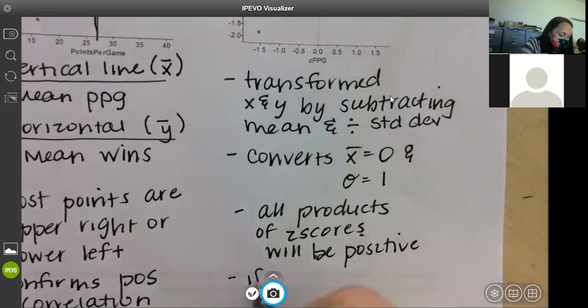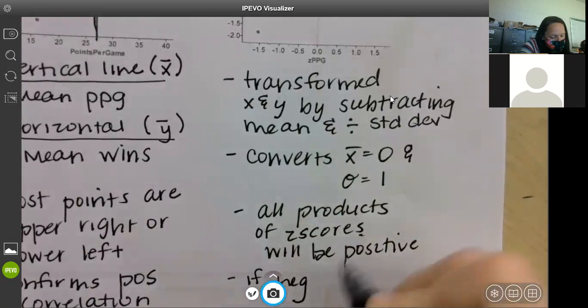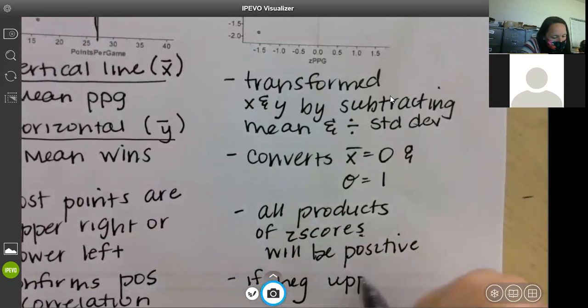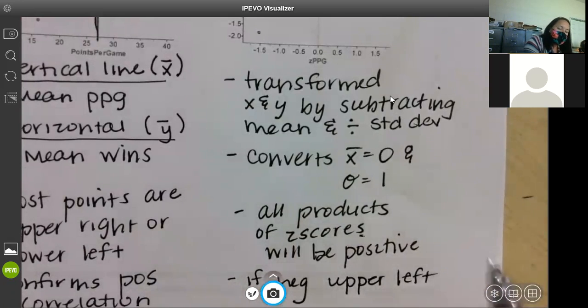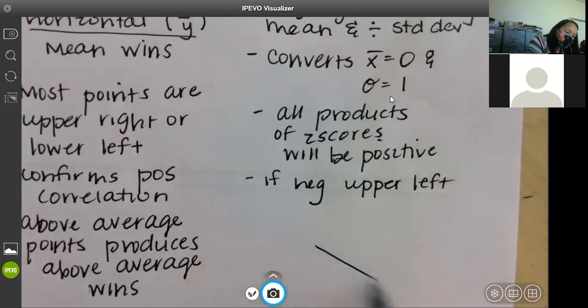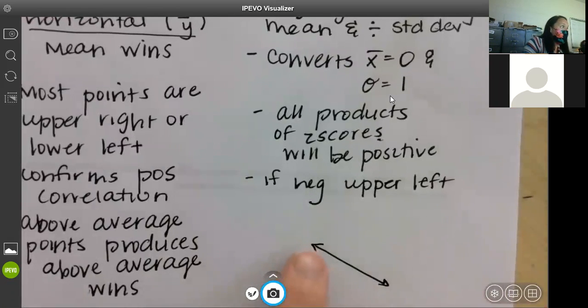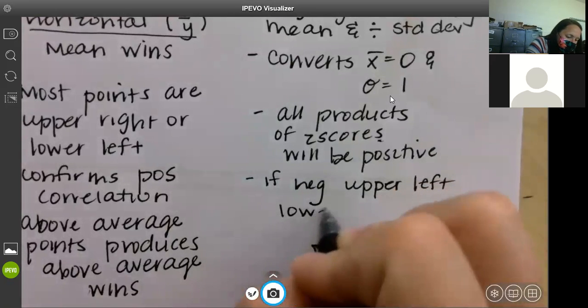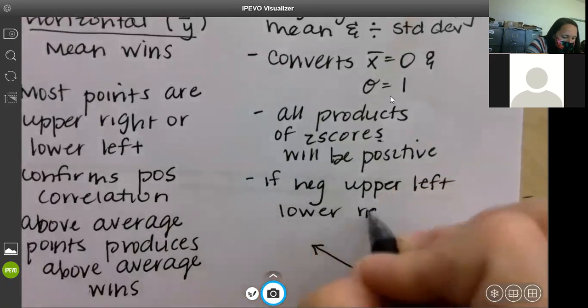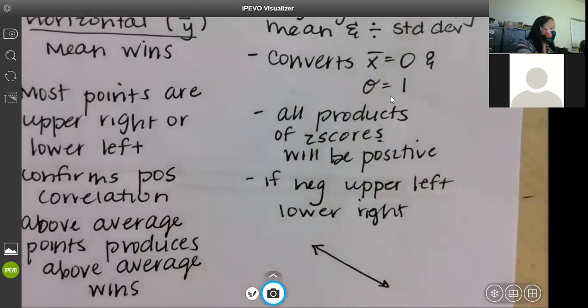And then if it's negative, just to reiterate, the points will be in the upper left. So if it's negative, remember it's going to look like this. So upper left and lower right is where your values will be.